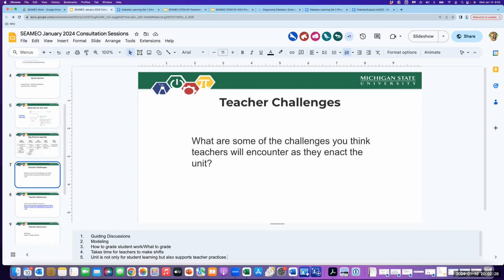So we find that this is good for students who have trouble reading. This is good because we're asking them to do a variety of things. We've had teachers say, well, my students can't read or write. And we go through the whole first learning set and we say, wait, but we didn't read anything. And we ask them to write very little in the way of the driving question board.